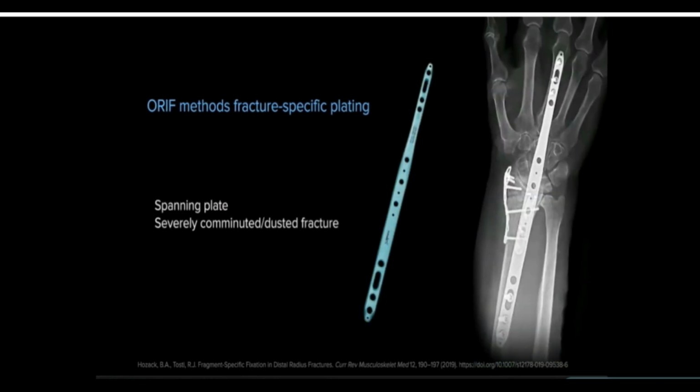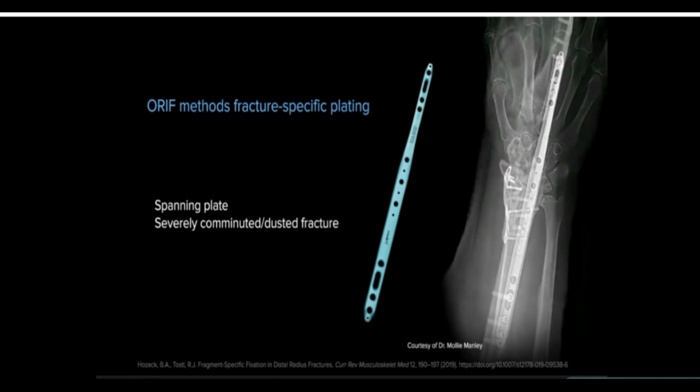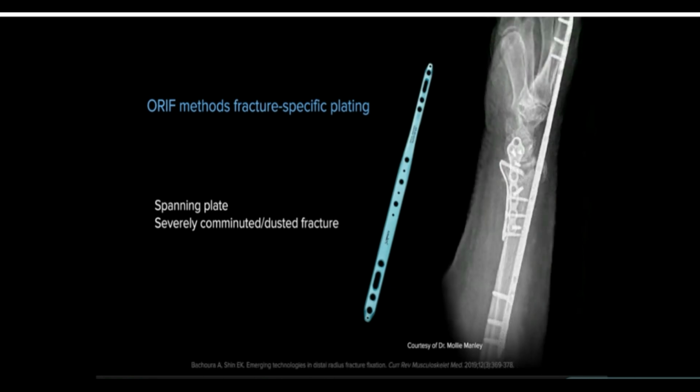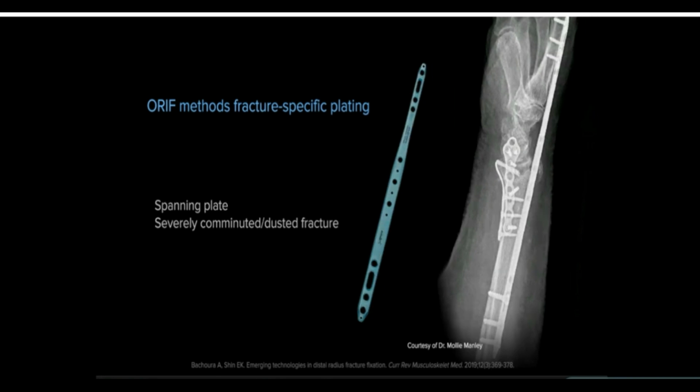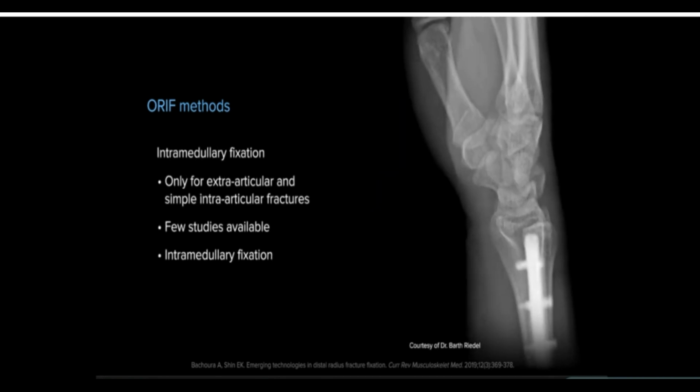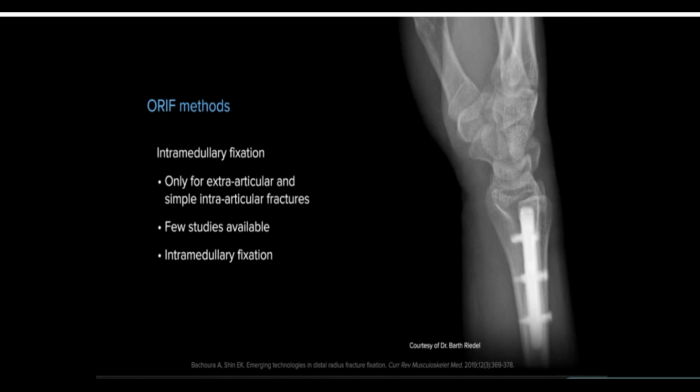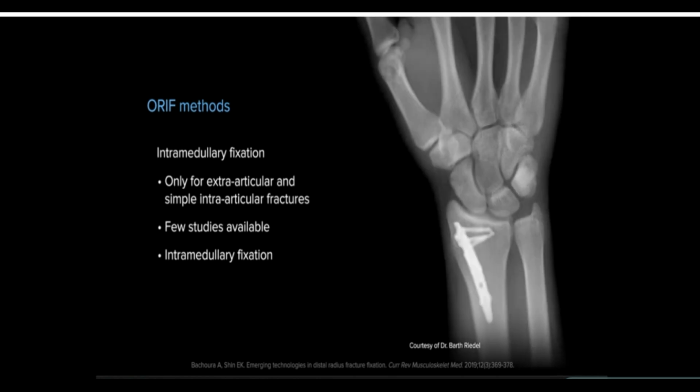The spanning plate, shown in this radiograph, serves as an internal fixator, acting on the principle of ligamentotaxis, much like external fixation. Intramedullary nailing is yet another option for ORIF, useful for extra-articular and simple intra-articular fractures.